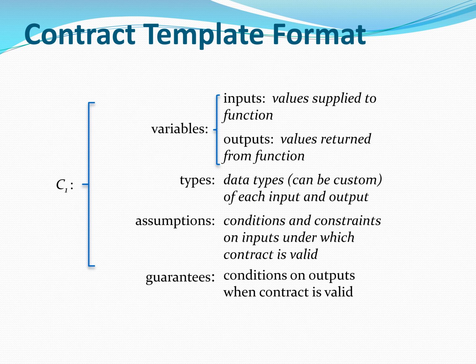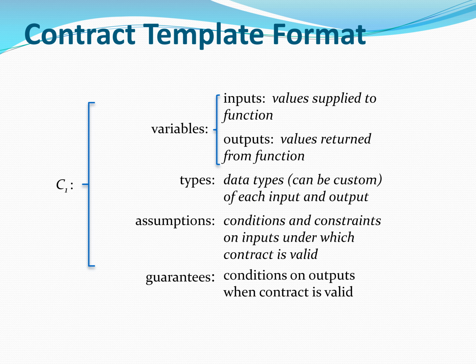We define each assumed guarantee contract using a standard template that consists of 5 parts. The variables are inputs and outputs. The inputs are the values or the things that are supplied to the function, and the outputs are the values or things that are returned from the function. The data types of the inputs and outputs could be anything.